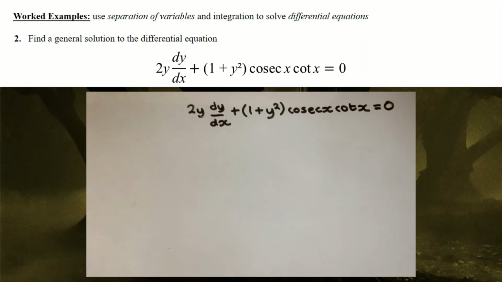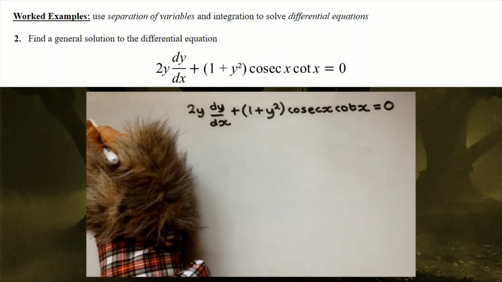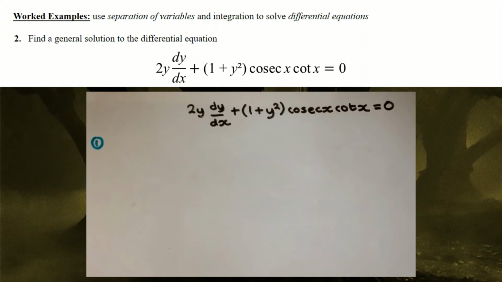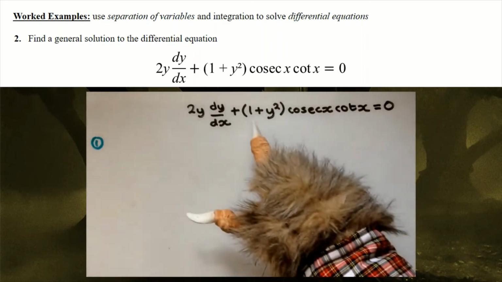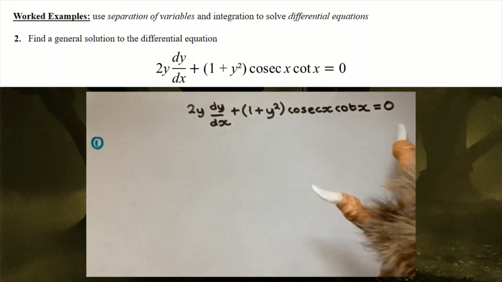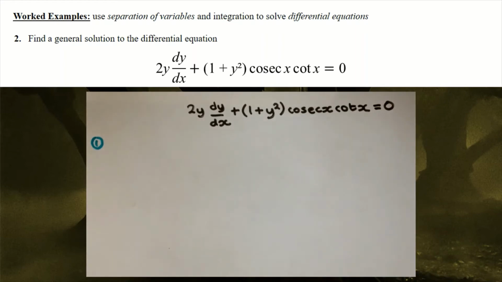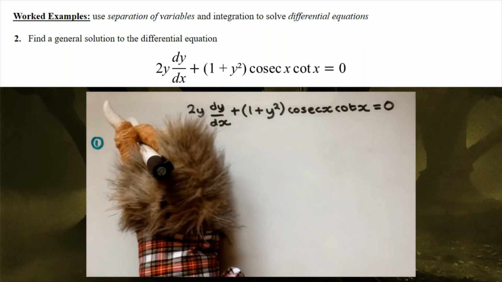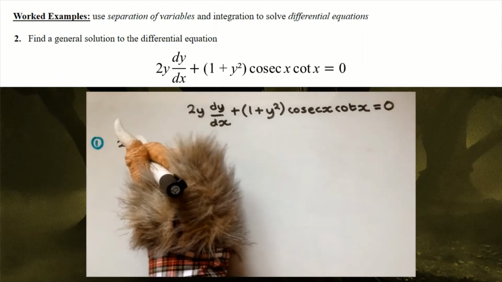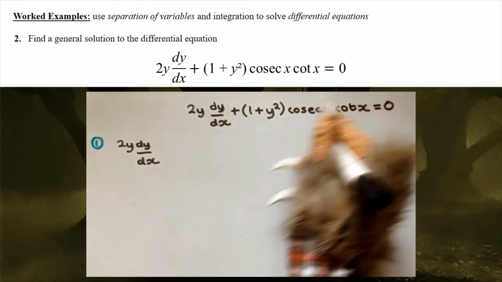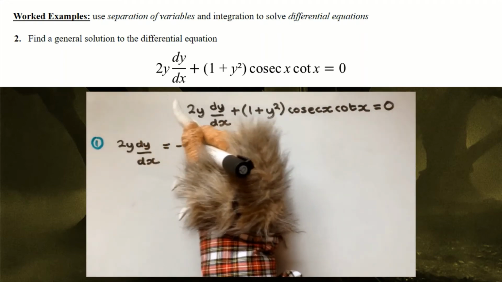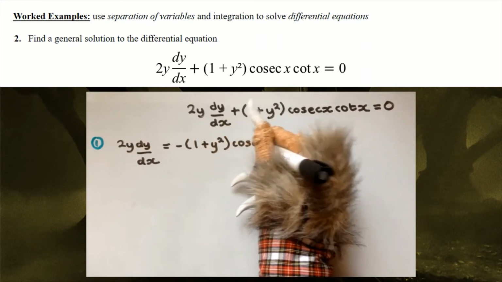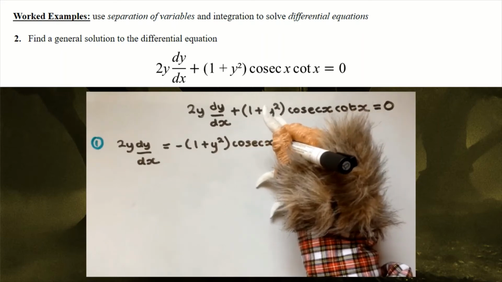So the first step is, of course, to make dy by dx the subject. So let's just write down step 1. And let's see what we can do here. Well, I've got a rather long looking product of 3 terms here. This needs to be subtracted from both sides and then dividing by 2y. So let's do that. So we're going to have 2y dy by dx, and then I'm going to subtract all of this. Is going to equal negative 1 plus y squared cosec x cot x.